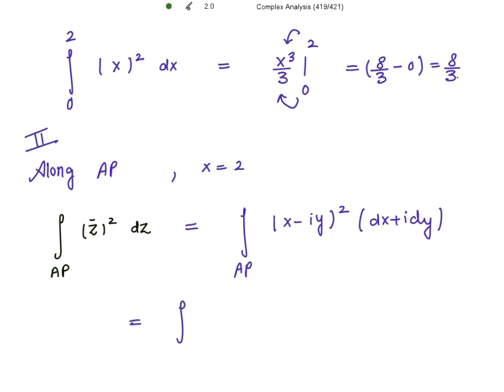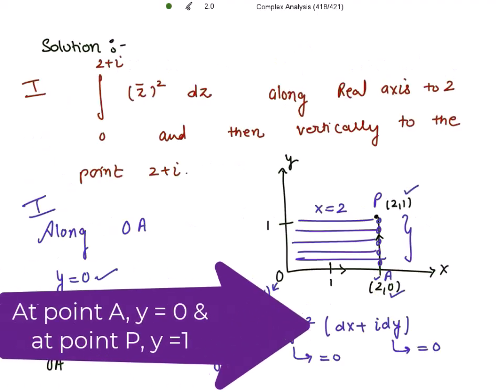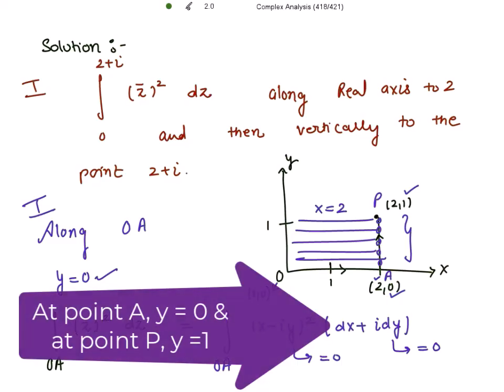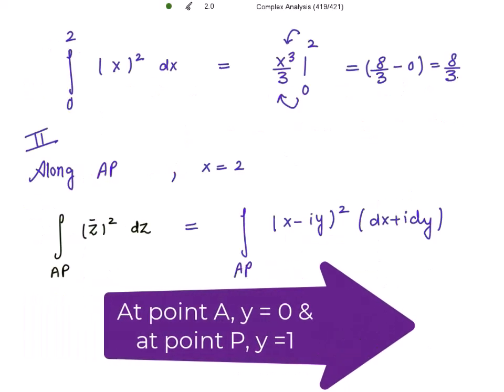So this is equal to putting here (2 minus iota y) whole square, and dx is 0, so it is iota dy. Now because everything is in y, we have to put the limits of y, that is the imaginary part. So limits of y is from 0 to 1 for the complex numbers.